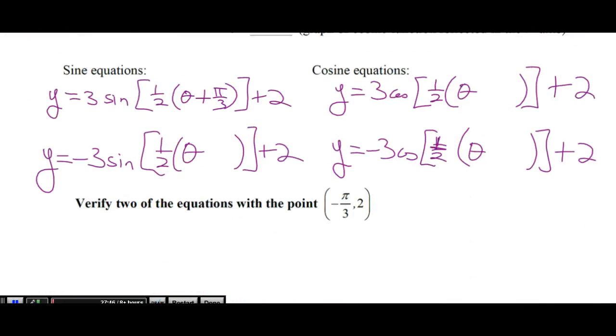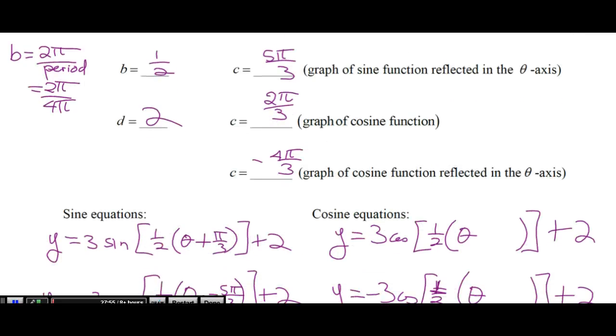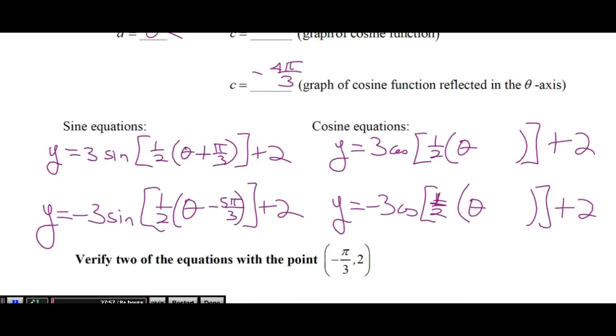Right 5 pi over 3? And then, what is it? Okay, well, if I've got the value, so it's C minus 2 pi over 3. And minus negative, so plus 4 pi over 3. Okay, so we did 1 and 4 last time. We should do 2 and 3 this time.